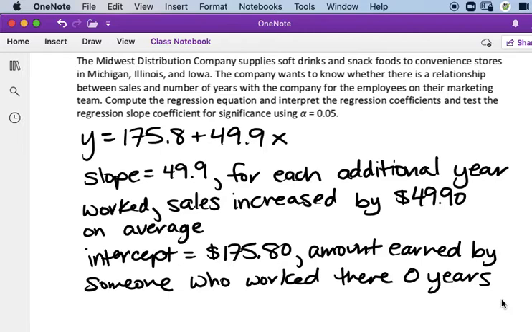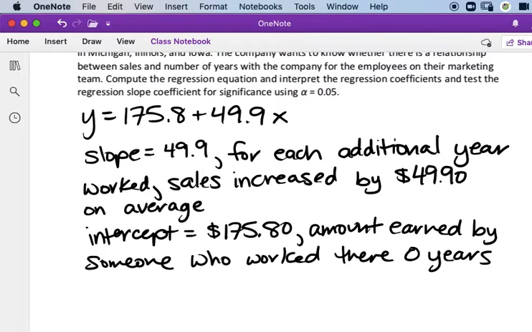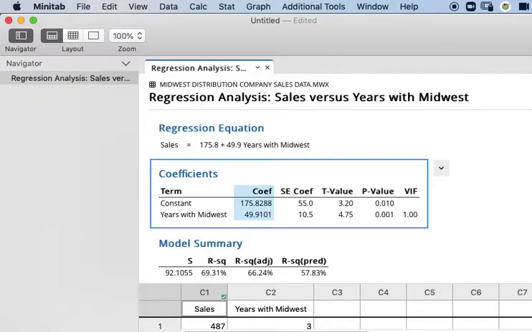The next thing we want to do is test the regression slope coefficient for significance. I'm going to go back to my Minitab output, and the numbers I'm looking for are in the years with Midwest row. This coefficient here, the 49.9, is the slope. What you're going to need for the homework is the t-value and the p-value.